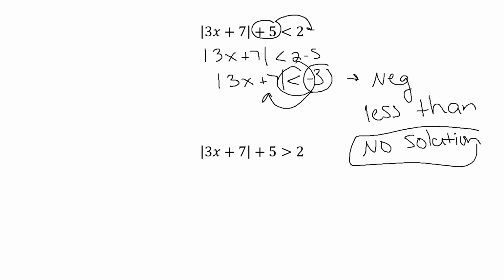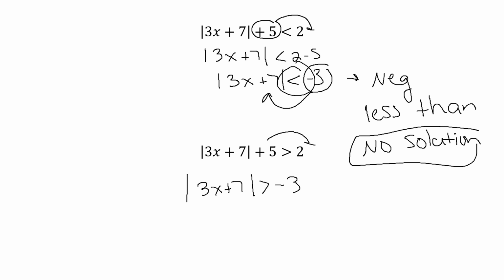Now, on the other side of that, let's look at this problem. Let's move this over. This is a negative greater than. And we can stop working here, because the absolute value of anything can never be negative.